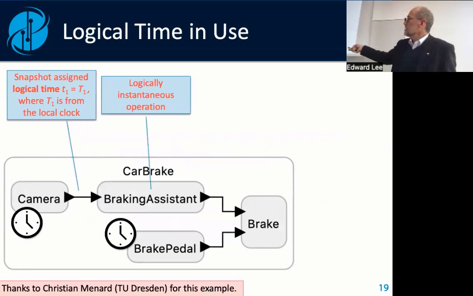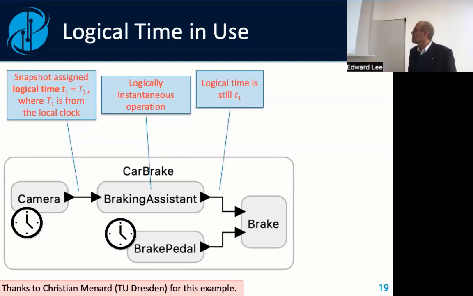The braking assistant is logically instantaneous because it's going to give us information about the state of the world at the time that the camera took the snapshot, right? So we want that time information preserved. So logically instantaneous, even if it's going up to the cloud, doing a bunch of computation, coming back from the cloud. So it takes physical time to do it, but it's logically instantaneous.